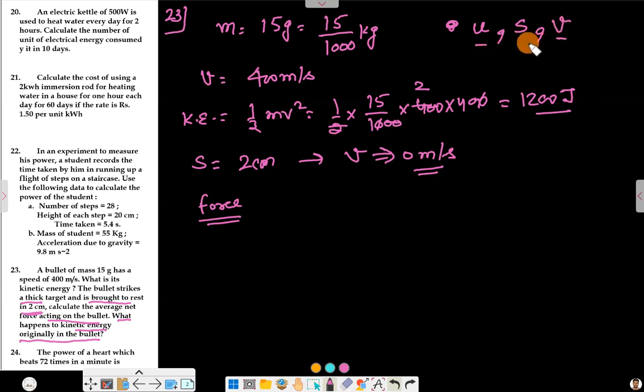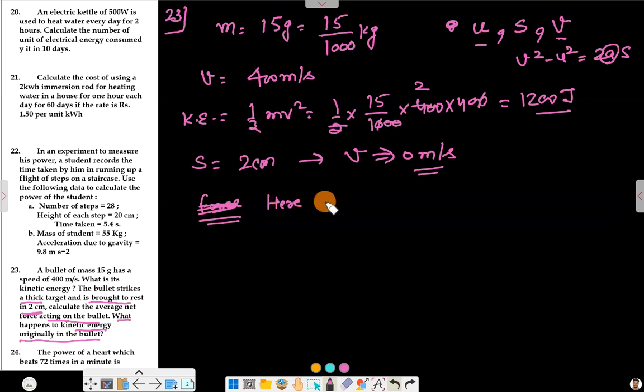So using these three, and using the equation v square minus u square is equal to 2as, you can get acceleration, and using acceleration and mass you can get force. Okay, and we have to calculate the force, so you can go via this route, and here we will be using the work done route. So let's start.